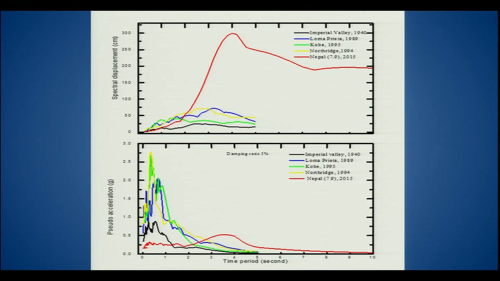These earthquakes, shown by yellow, green, blue and black lines, are very similar. Immediately after the earthquake triggered, the ground acceleration peaked here, very strong ground acceleration, but in Nepal it was very slow. You can see the graph here is very broad, and the ground acceleration that could have been expected based on these earthquakes was not at all similar. It was a very gentle swing which we experienced.